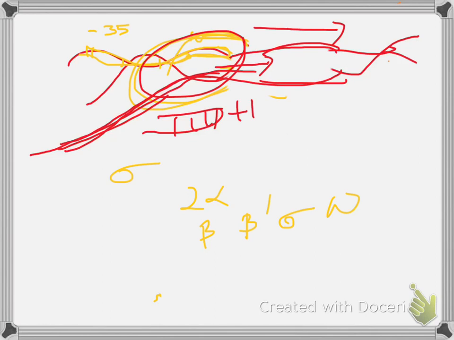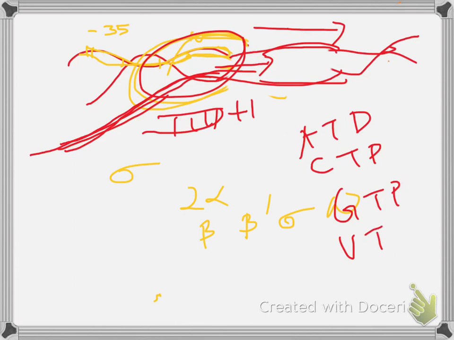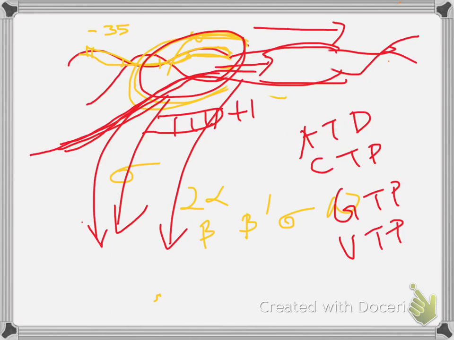The elongation proceeds by the addition of ATP, CTP, GTP and UTP. This complex of RNA polymerase, transcript and DNA template is known as the ternary complex.